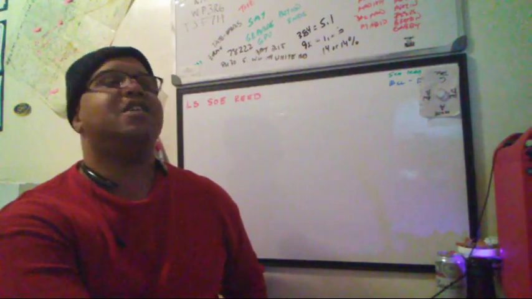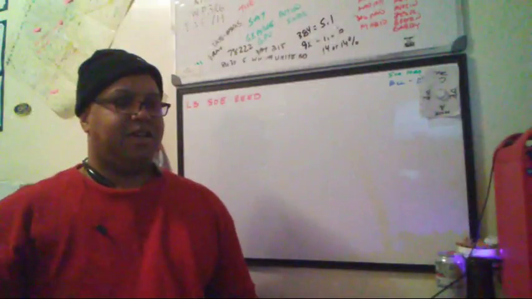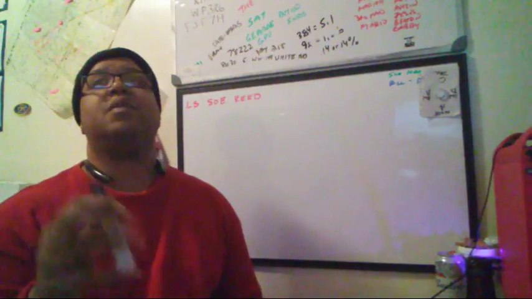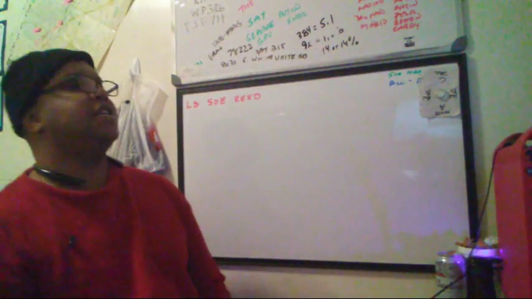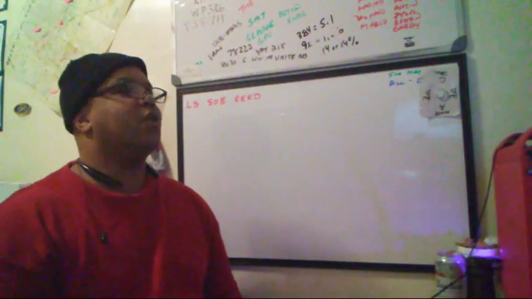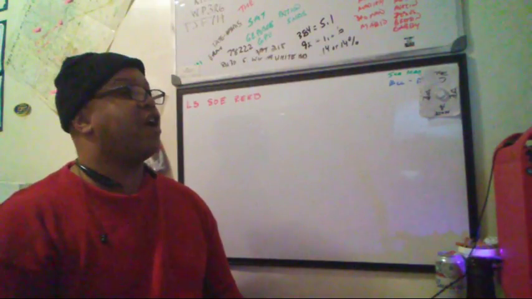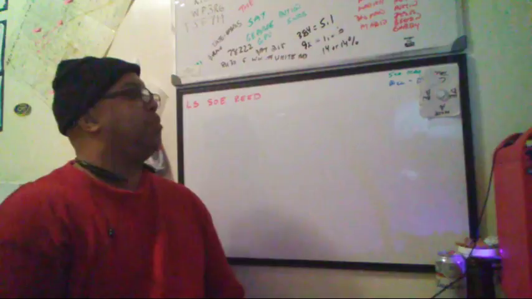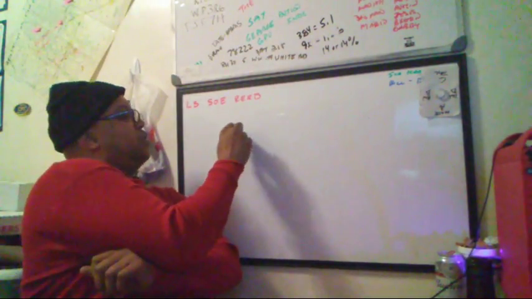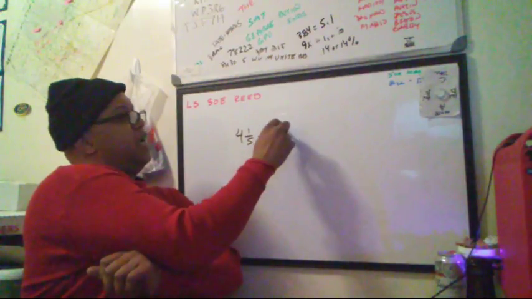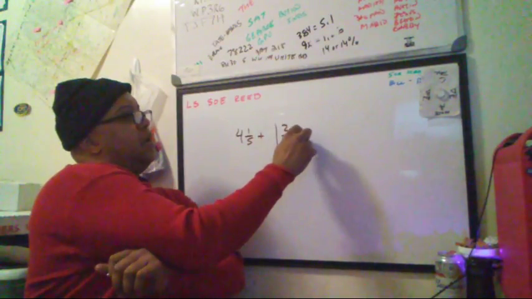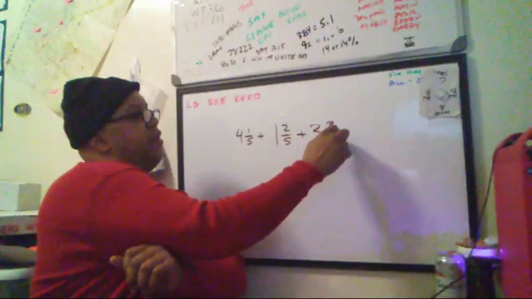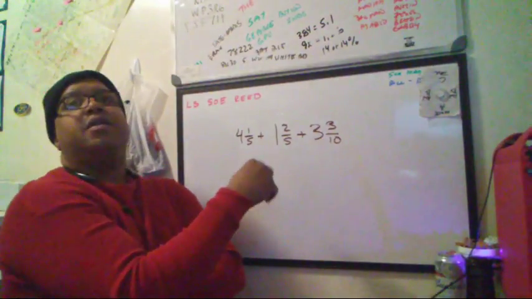It's all good, Kiana. Alrighty, so Mr. Salter has a question, and he says he does not think that any one of these answers are correct to the question. So just to jump in, it is 4 1/5 plus 1 2/5 plus 3 3/10.